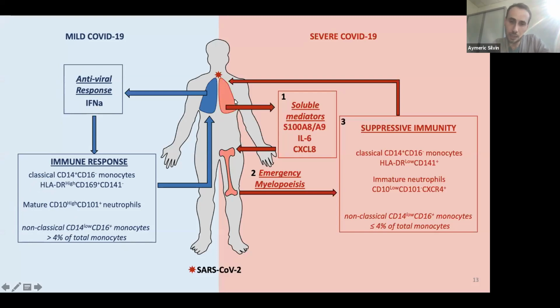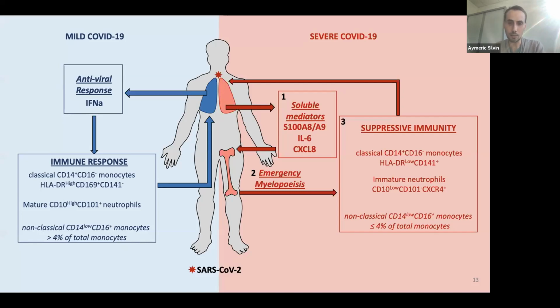While in a severe COVID-19 patient, the soluble mediators that will be overexpressed are calprotectin, IL-6, and CXCL8, which are a symbol of very strong inflammation, and I think we can call it a chronic inflammation.